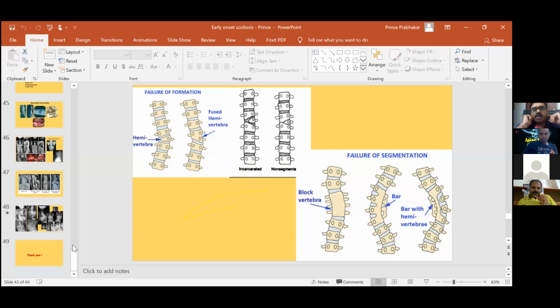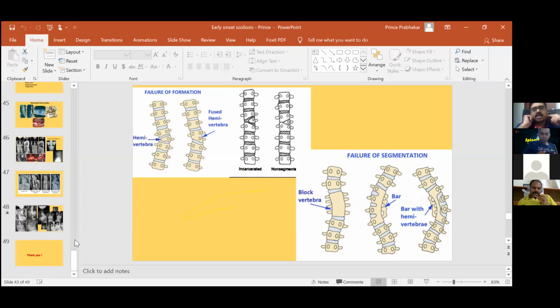One thing is that the crucial point for a growing rod or whatever early onset treatment is always the proximal anchor. Because we started initially with the hooks system, but we have gradually moved away from the hooks because of the so many problems that we tend to face with them.